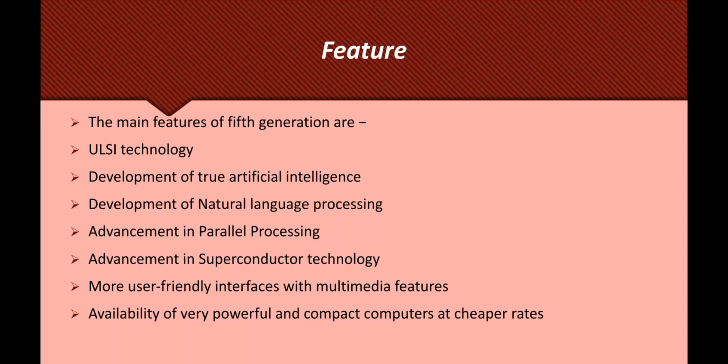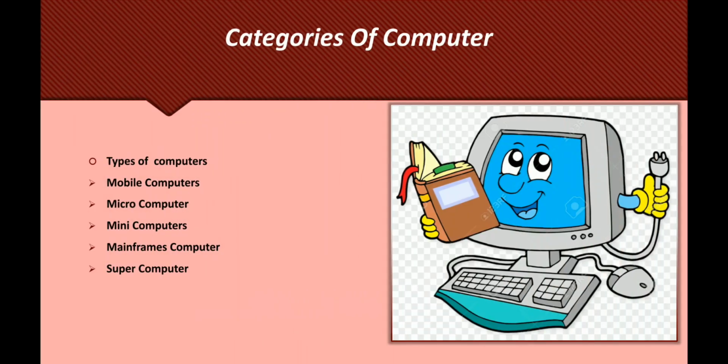We will discuss the various categories of computers. According to the generations, what types of computer systems were made or are being developed right now? The categories are the mobile computer, the microcomputer, the minicomputer, the mainframe computer, and the supercomputer. These types of computers are divided on the basis of their capabilities, their processing and their size.